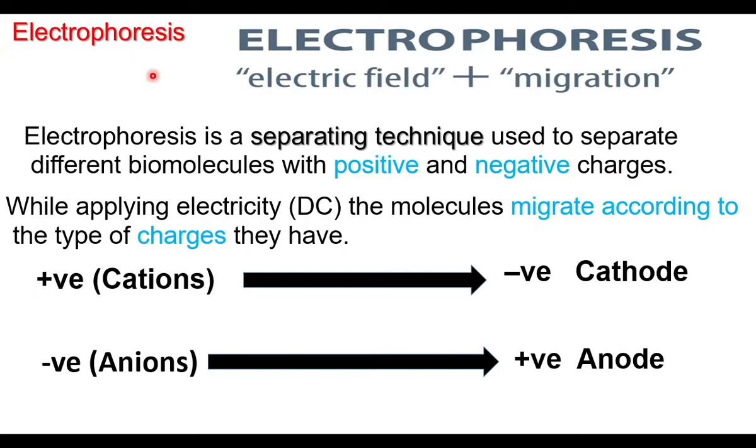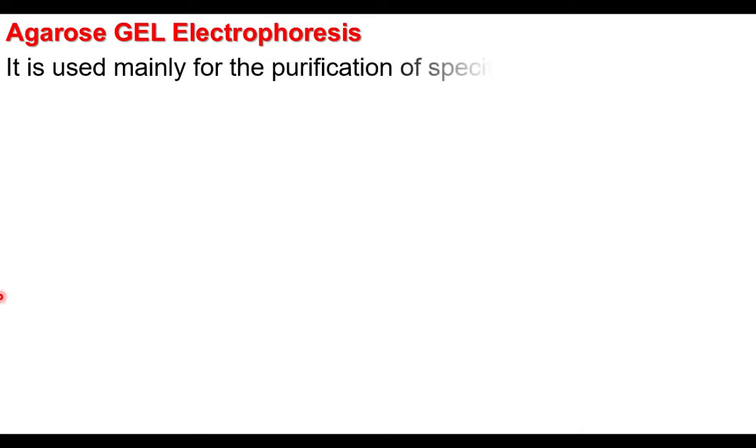Electrophoresis is used for the separation of different biomolecules, but for the separation of DNA, agarose gel electrophoresis is used. It is used mainly for the purification of specific DNA fragments. From a group of DNA fragments, a particular DNA fragment can be isolated by gel electrophoresis.